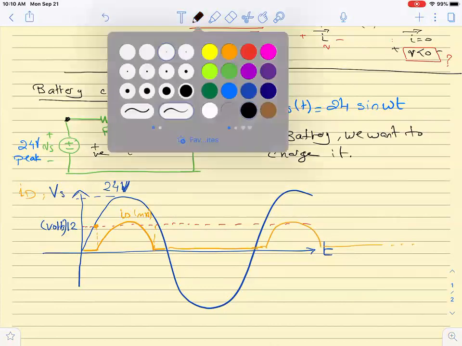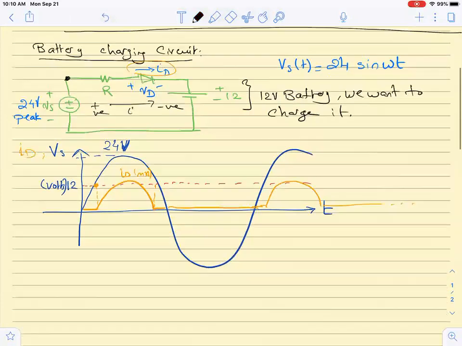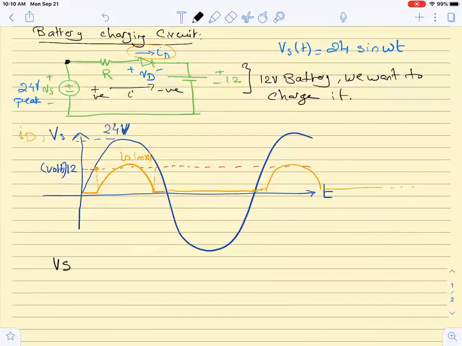The basic idea is that when VS is less than V battery, which is equal to 12 volts, the diode will be off, and I diode will be equal to 0.